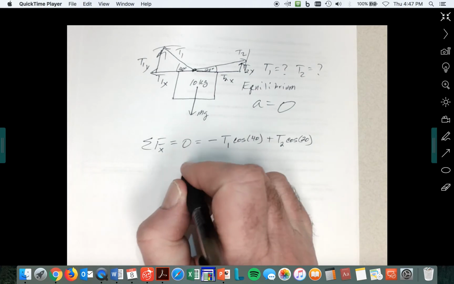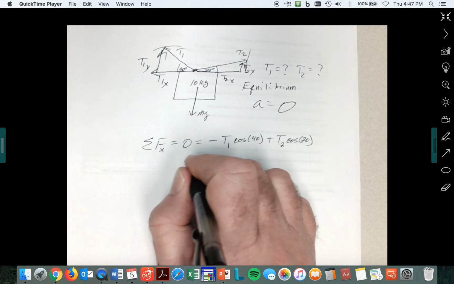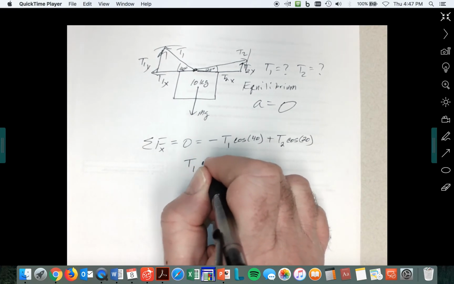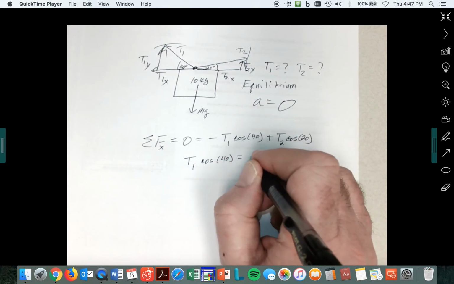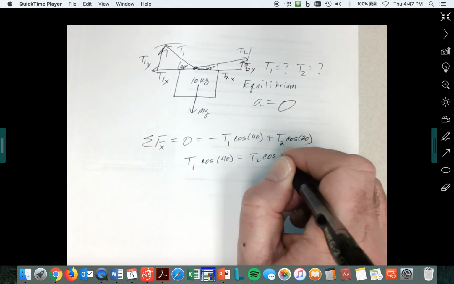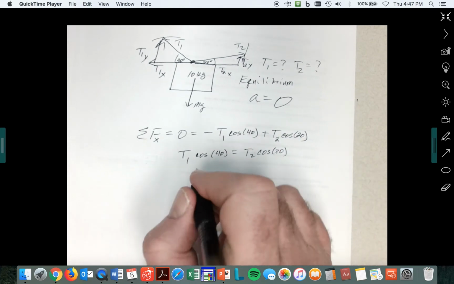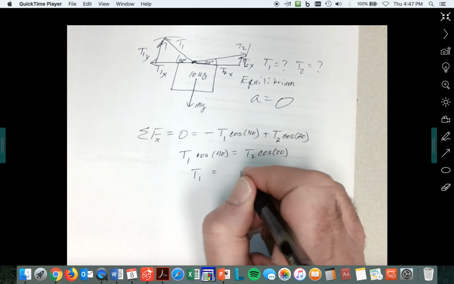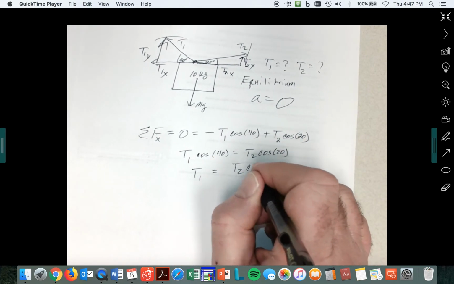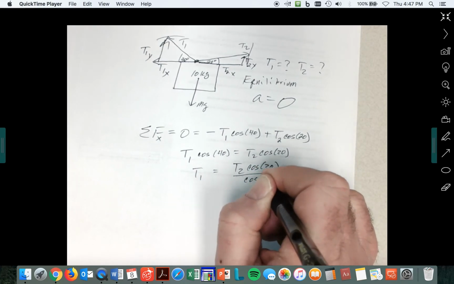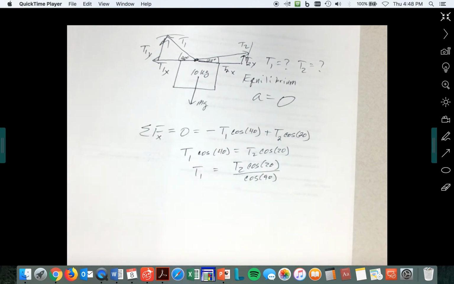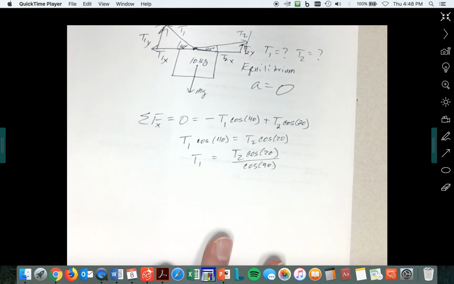So now I know this: T1 cosine of 40 is equal to T2 cosine of 20. Ergo, T1 is equal to T2 cosine of 20 divided by the cosine of 40. Those are funny looking numbers for right now, so I'm not going to substitute them in.